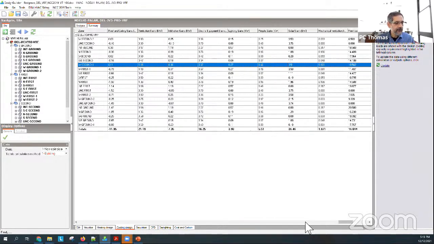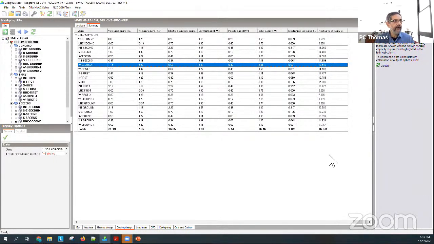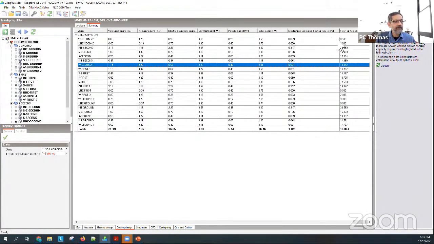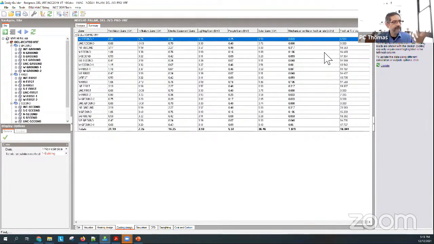If you go to the right, all the way to the end, you'll see all the different components of the gains. And right at the end, it will tell you the amount of fresh air, but as we discussed, it's not really fresh air, it's outside air. So in meter cube per second, or if you multiply by 1,000, 33 liters per second, 6.5% of the total supply is outside air for this one.